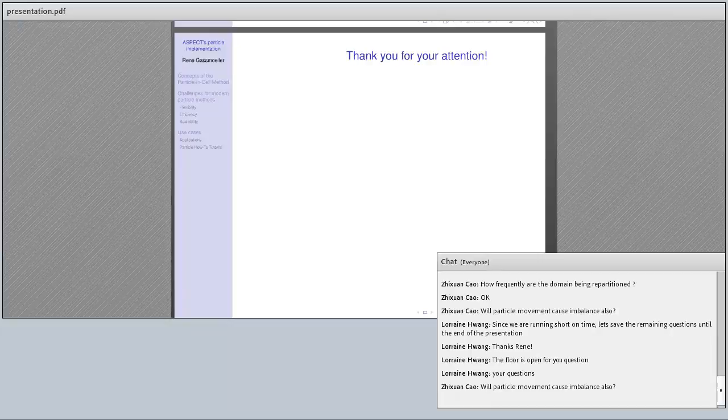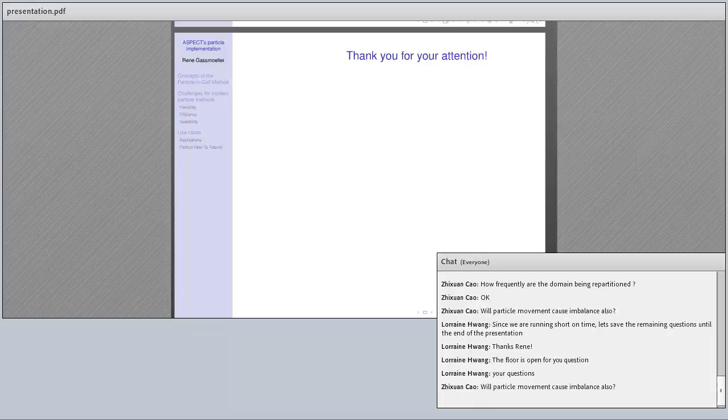Will particle movement cause imbalance? Yes, in adaptive meshes, it can. Because if you have a higher particle density in a refined region of the mesh, and the mesh stays constant, but this region of particles moves to a coarser cell, and this cell is on another process, then you will create load imbalance.